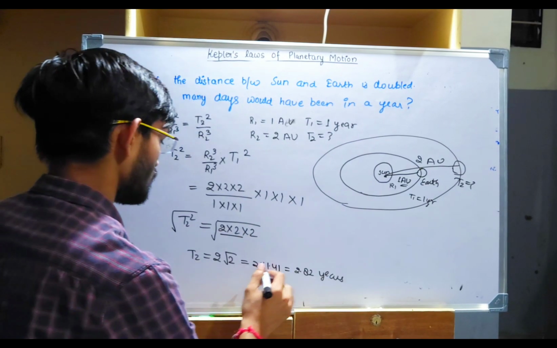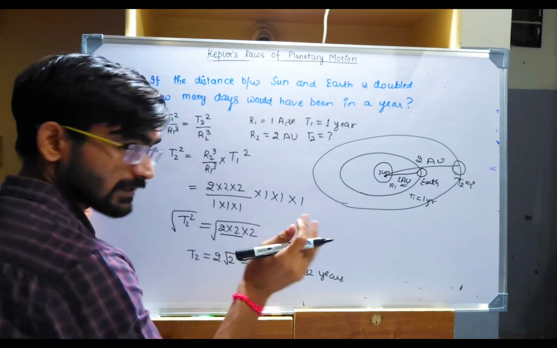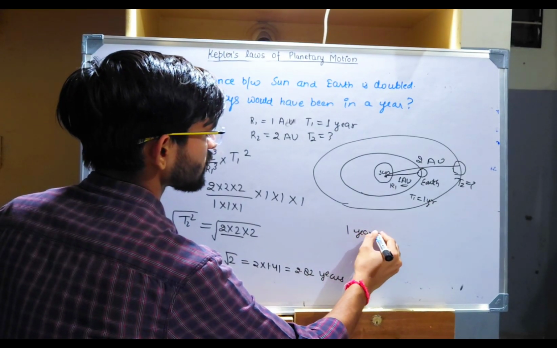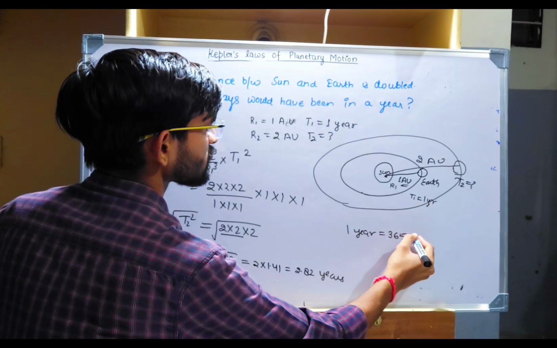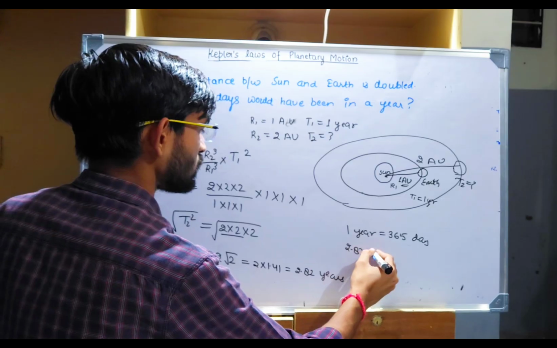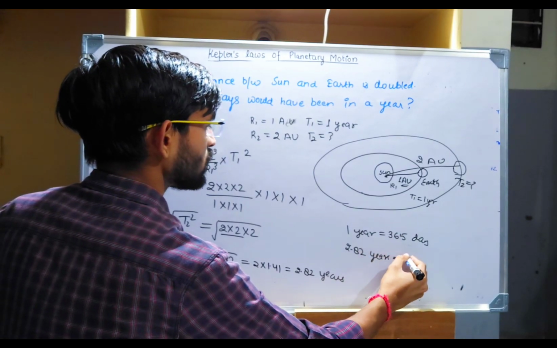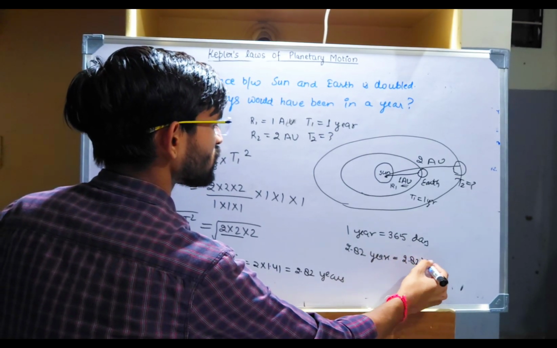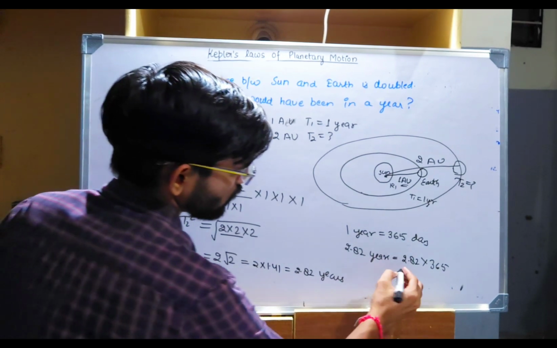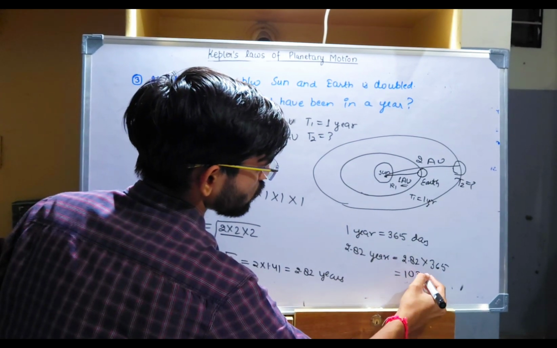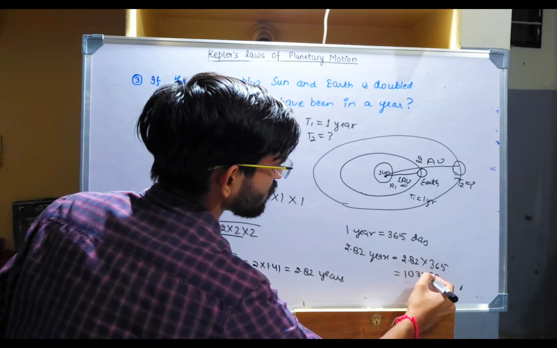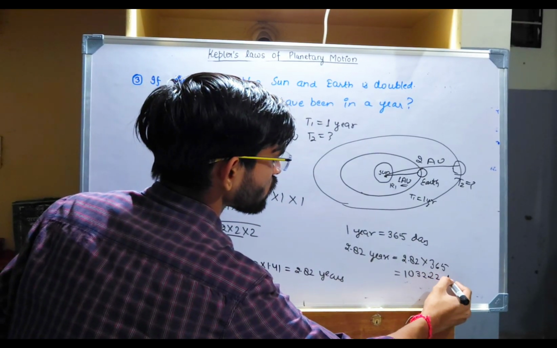So in one present year, as of now, 1 year equal to 365 days. 2.82 years equal to 2.82 into 365. So it will come around 1032.22 days.